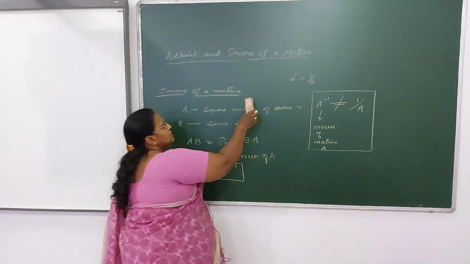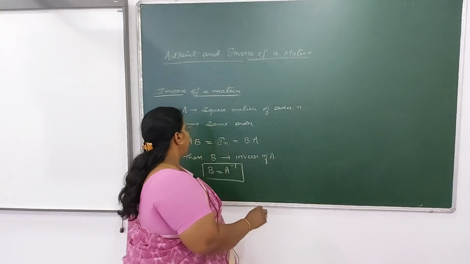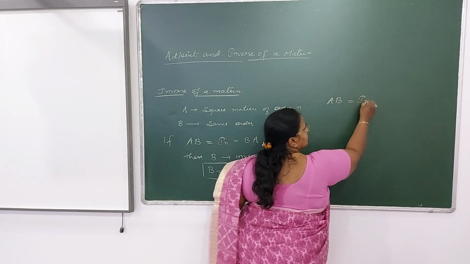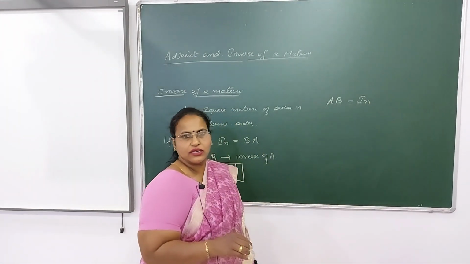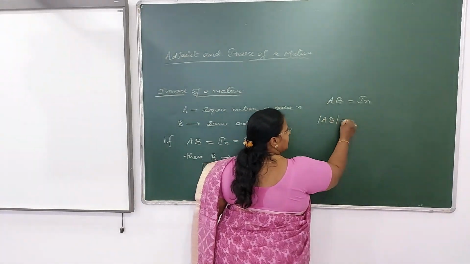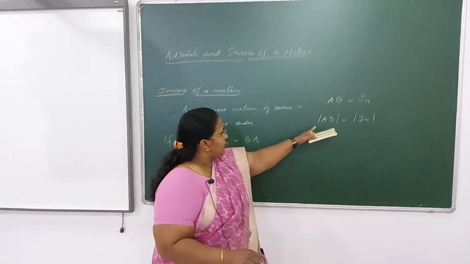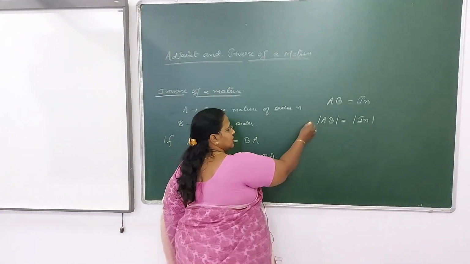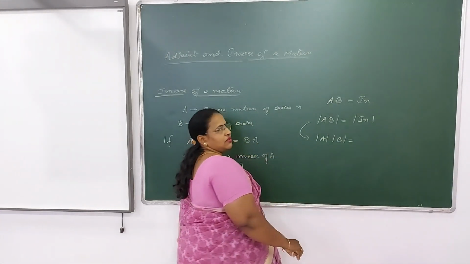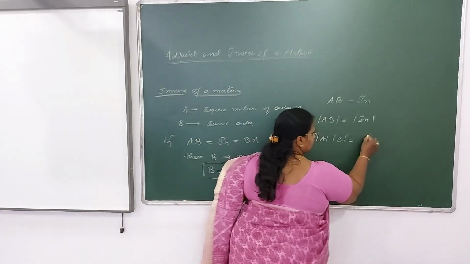Now see, some important conditions are there. Here A into B results in identity, then B is the inverse of A. Let us find the determinant of this. Determinant of AB is equal to determinant of I n. Here we will apply the property: determinant of AB is determinant of A into determinant of B, and the determinant of the identity matrix is obviously 1.